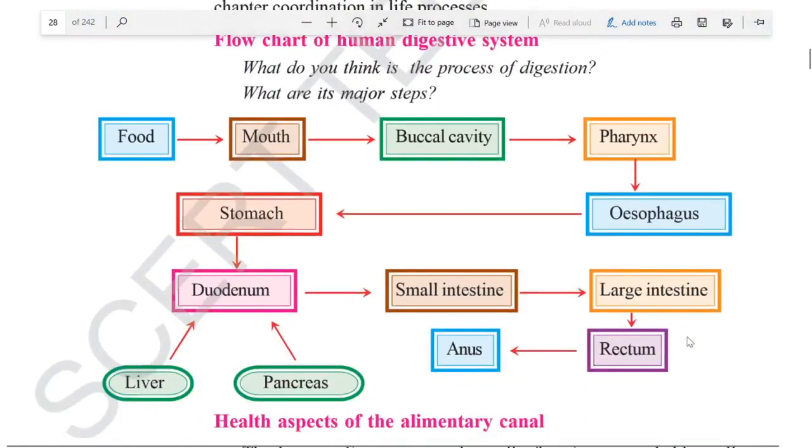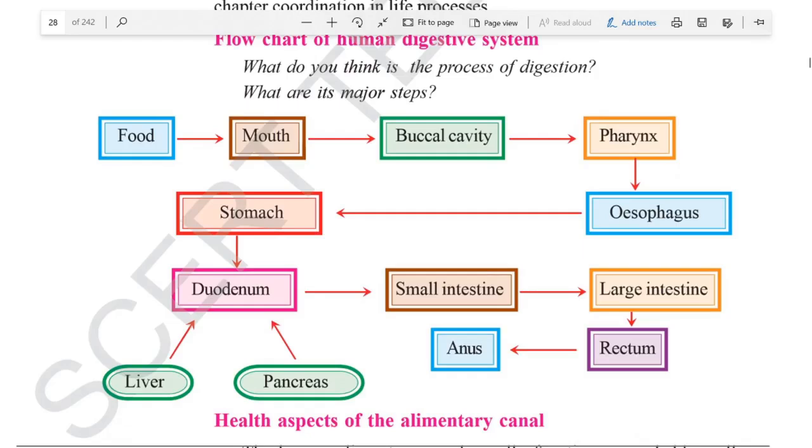So this is the flow chart. Food goes to the mouth, then to the buccal cavity where we chew it and it is mixed with saliva from the salivary glands. Then it enters the pharynx, with the help of our tongue, which assists in swallowing.